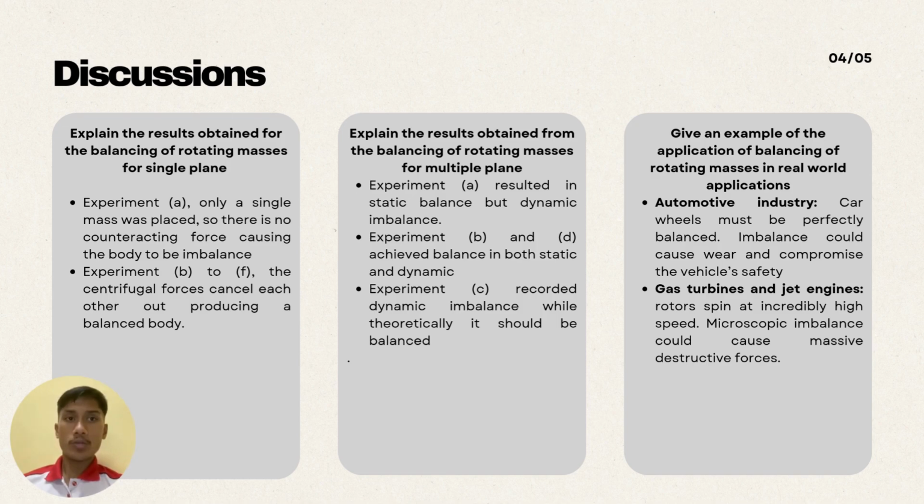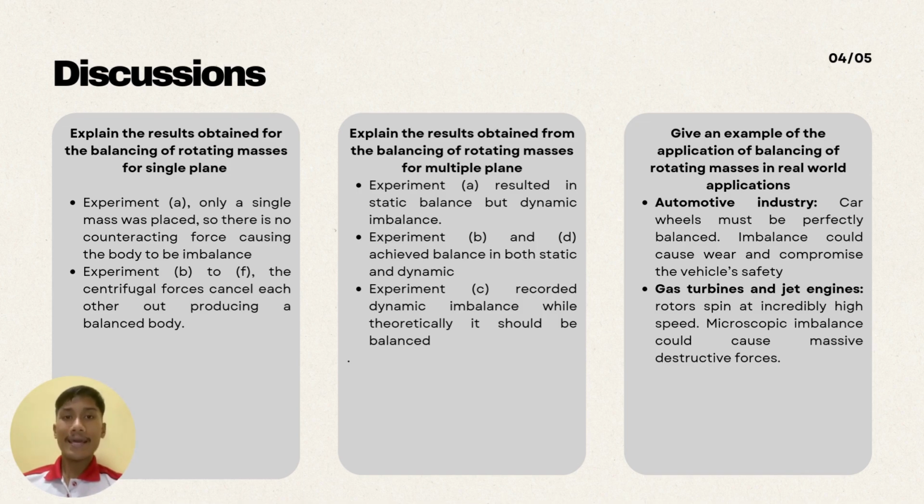Now for question number 2, explain the results obtained from the balancing of rotating masses from multiple planes. From experiment A, we can see the result showed a static balance but dynamic imbalance. B and D achieve balance in both static and dynamic.